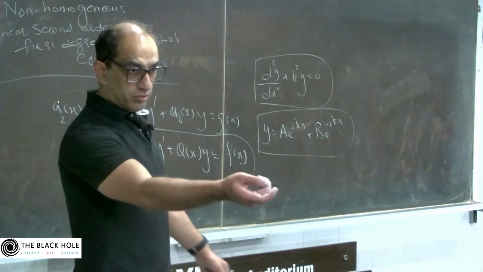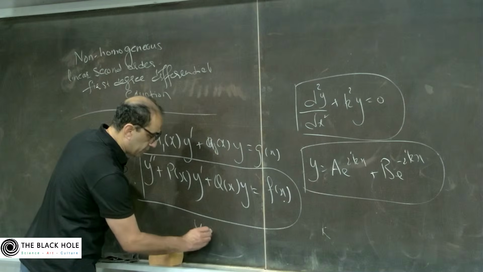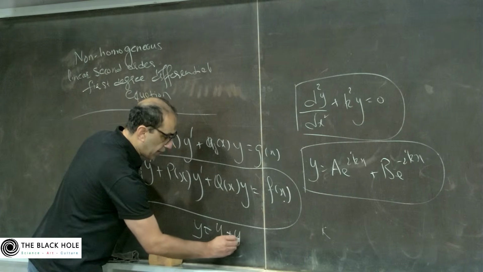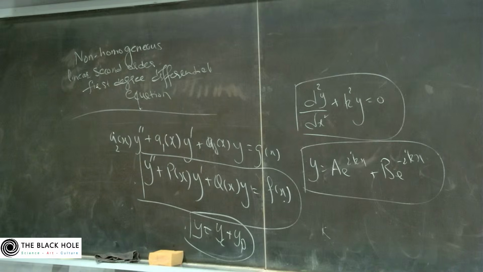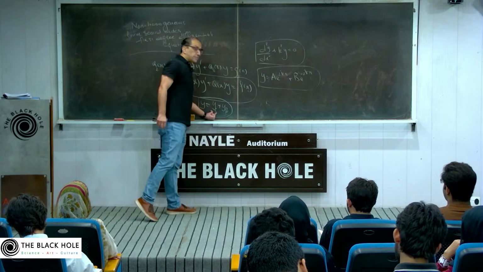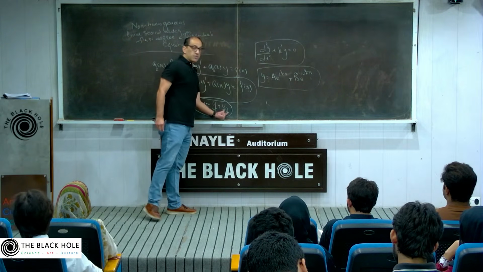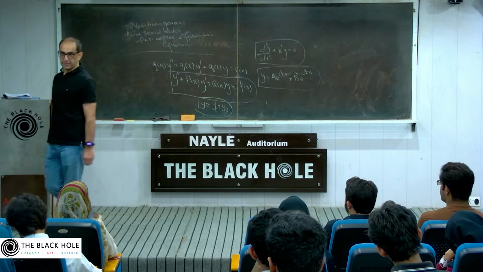And I have to show you today that in this particular case, the theorem is that Yc plus Yp is the total response of the system, where Yc means the natural response and Yp means the response to the input, and the total response is like this.